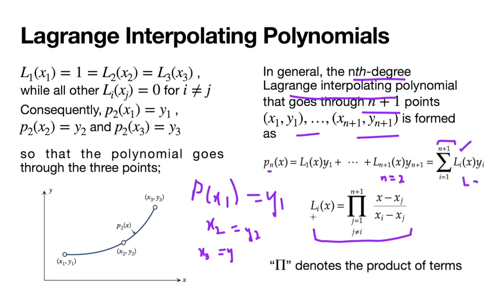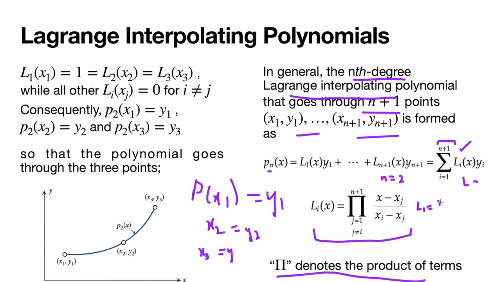Alright, so the first one will be calculated using this method, and these are the products. If we put L1 instead of i, you can see that j has to start from 1 to n plus 1. With n equal to 2, it will start from 1 to 3.